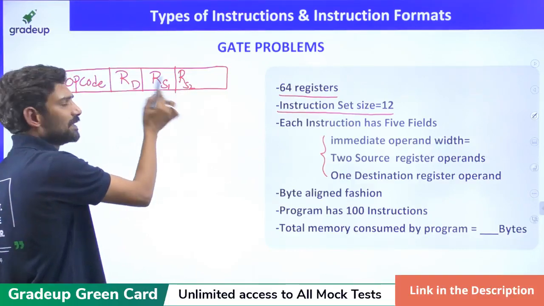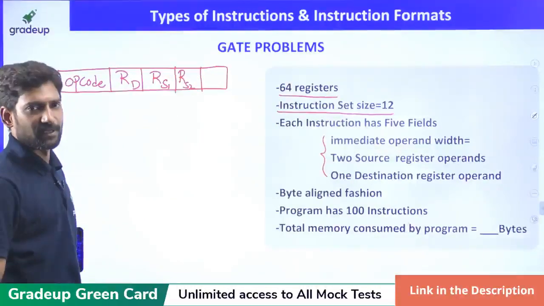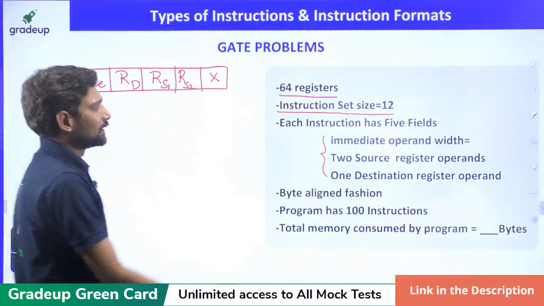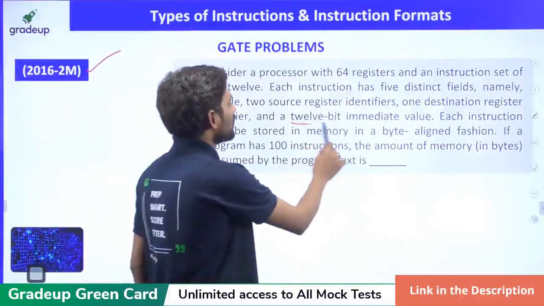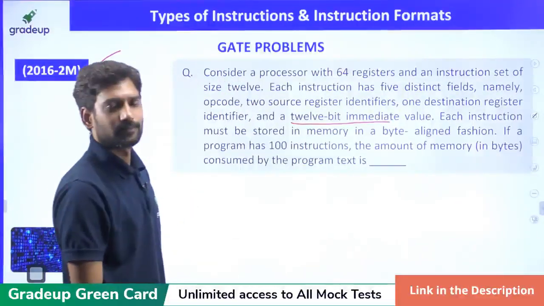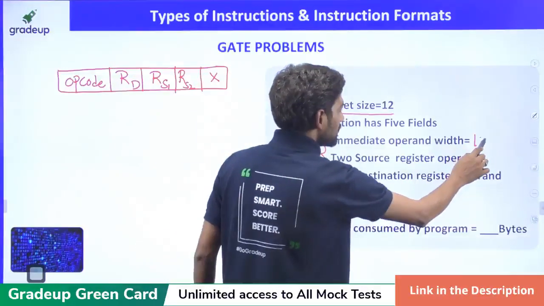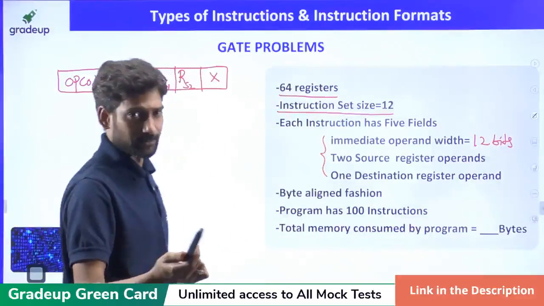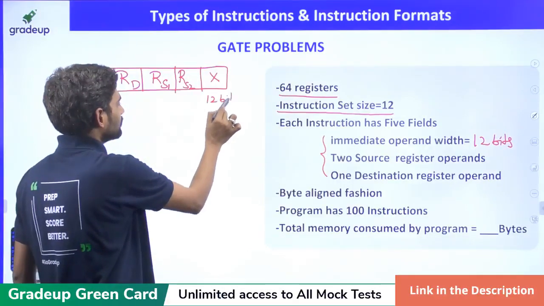Here SD means source destination, just for your simple identification. And one immediate operand, and that immediate operand width is given as 12 bits. That is given in the question. So it is 12 bit.